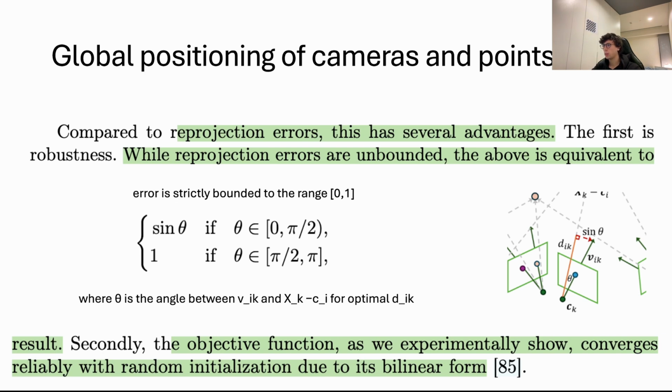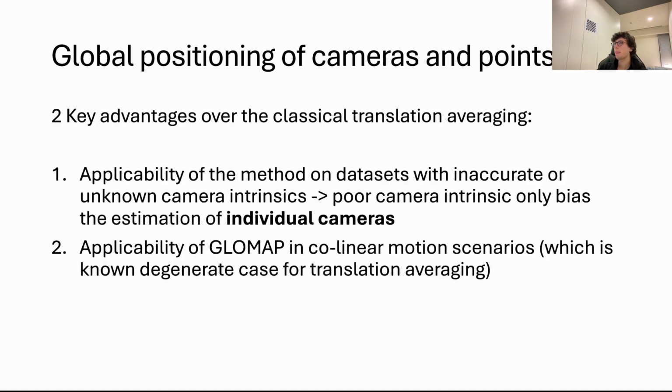And the second is that the objective function, as they experimentally showed, converges reliably even with random initialization due to its bilinear form. That is actually sometimes not true because I found some counterexamples, but I will show that later. So, okay, we have the two key advantages here.